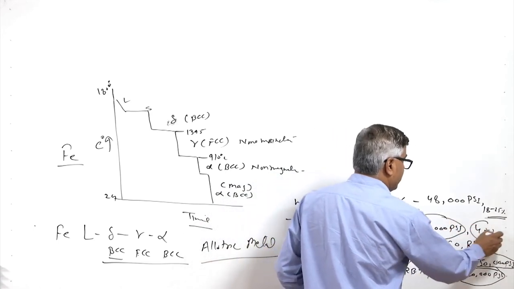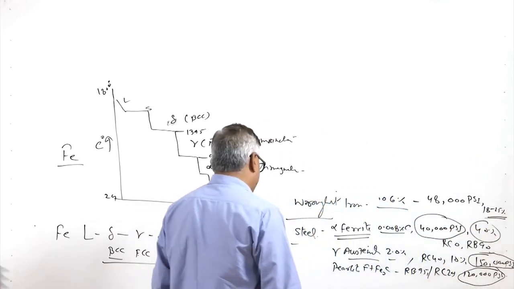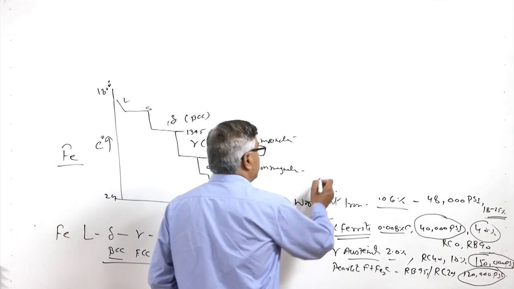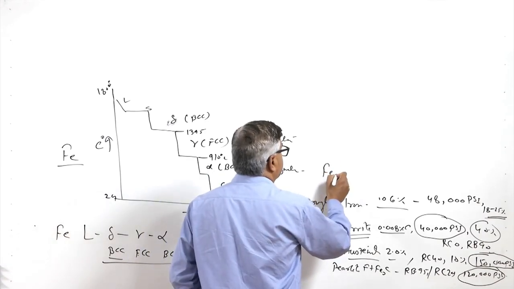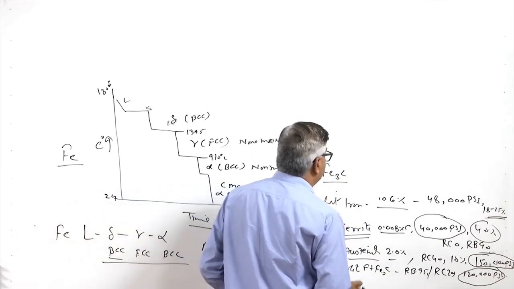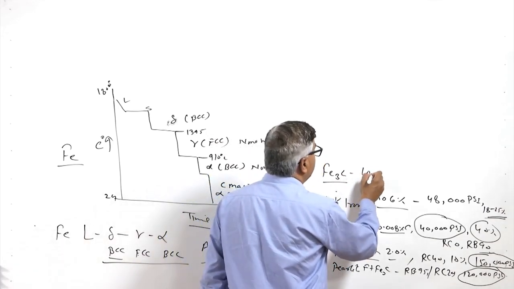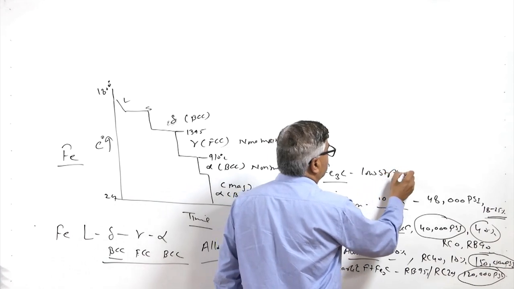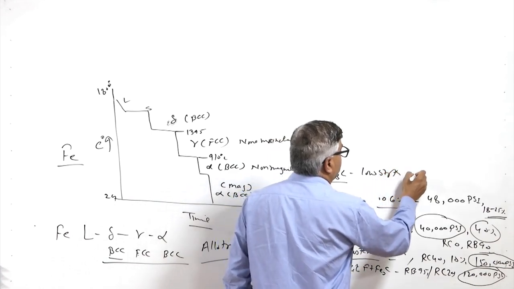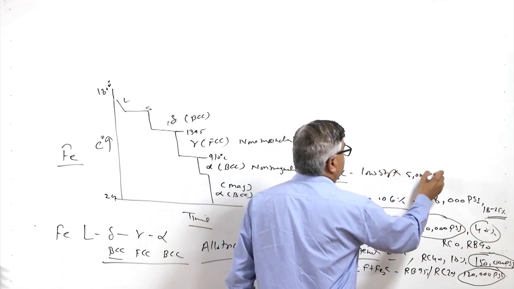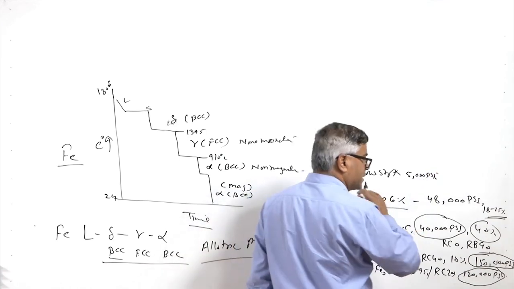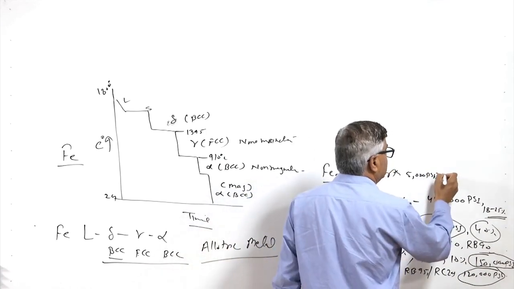In addition to this, there is one more phase which is extremely common in these steels, that is cementite. It has very low strength, just 5000 psi, and almost nil ductility.